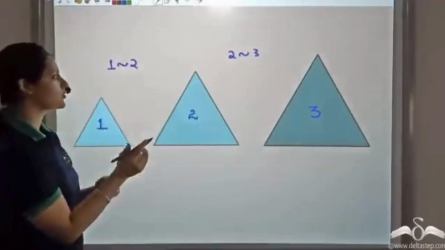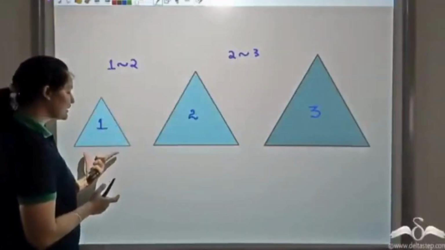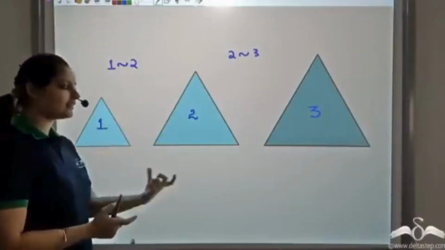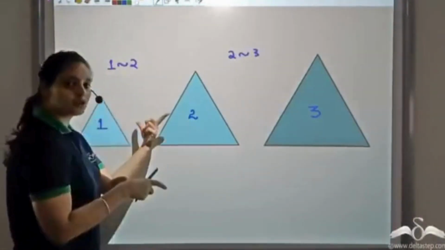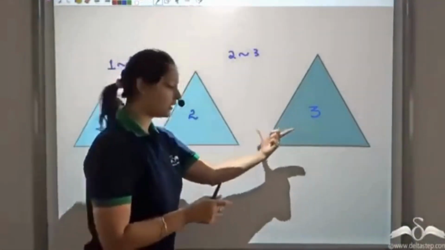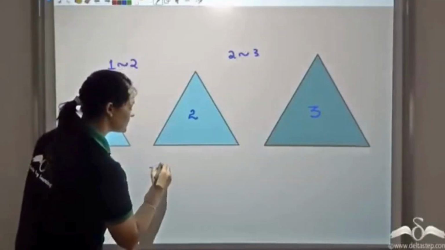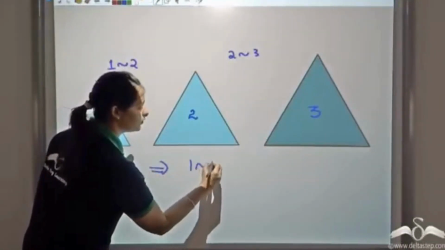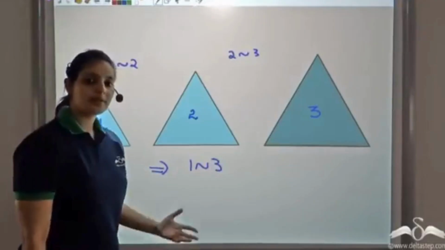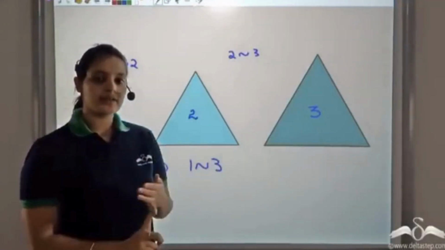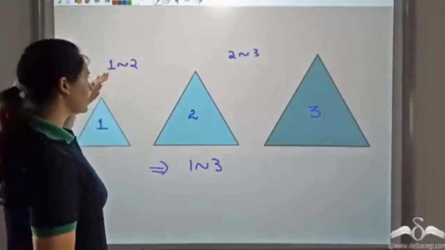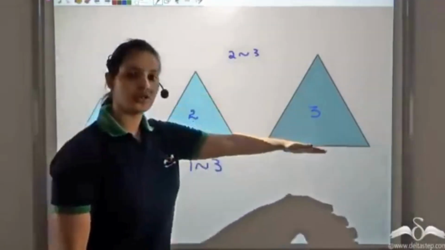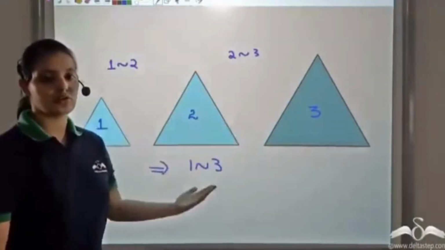Also what I had seen is that the smallest triangle and the largest triangle were similar. So if 1 is similar to 2 and 2 is similar to 3, what I can say is that 1 is similar to 3. So remember that in similarity all we are concerned with is the same shape, size can vary. And if 1 is similar to 2 and 2 is similar to 3, then the first and the third are also similar.